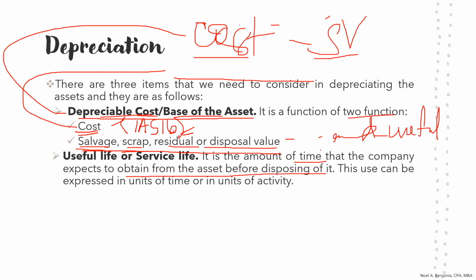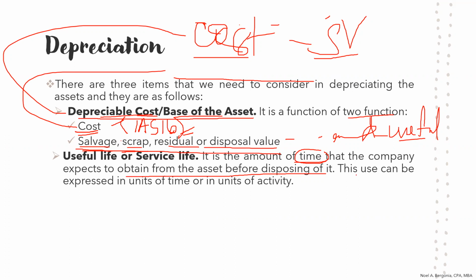So ito po yung time, kung gaano katagal natin magagamit yung isang asset. So nabanggit ko na to kanina, at the end of the useful life. So it would be 3 years, 4 years, 5 years, depending upon the company's estimate kung gaano tatagal yung particular asset na yon. Usually property, plant, and equipment will have a useful life of more than 1 year, kasi long-term asset niya ito.